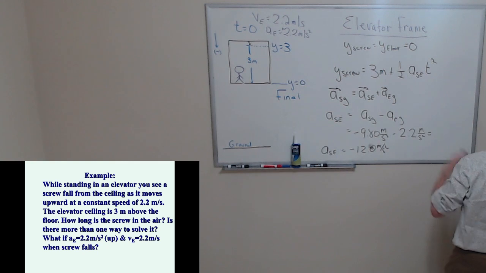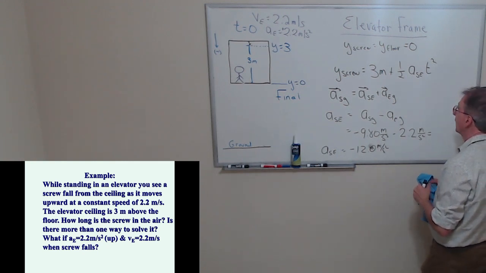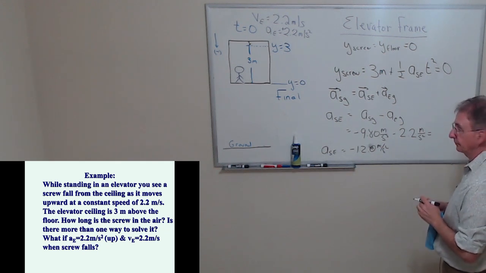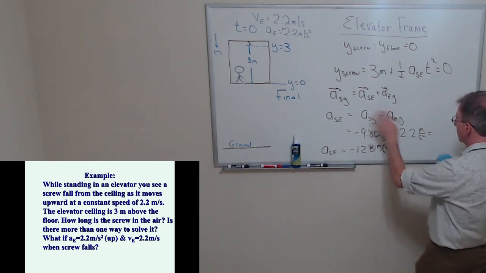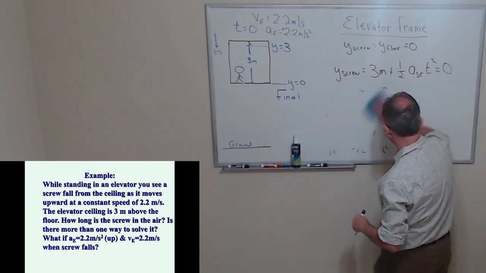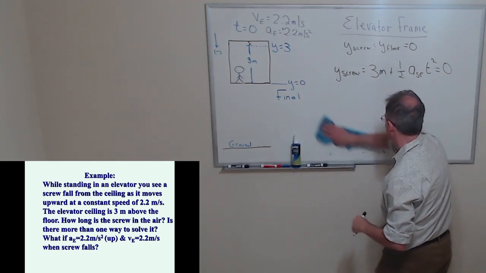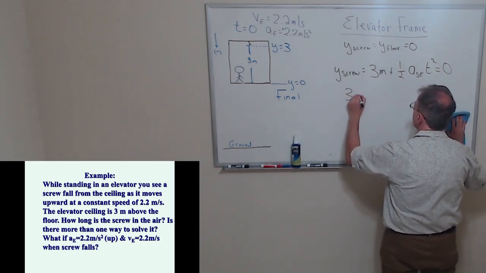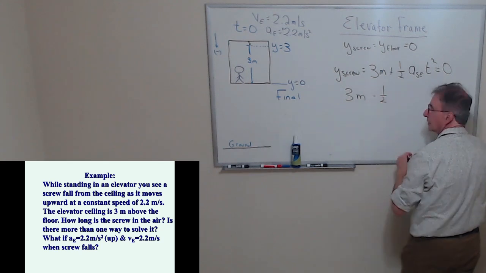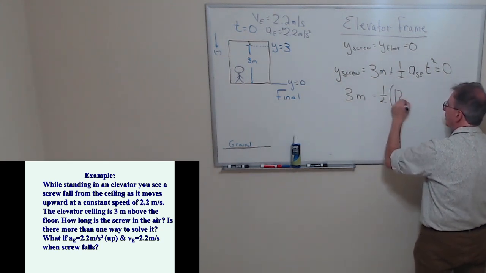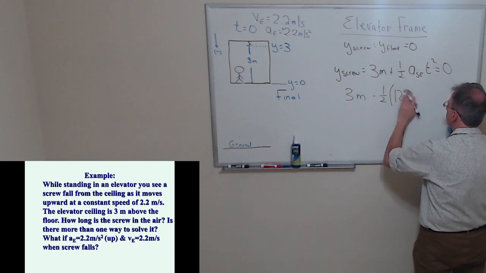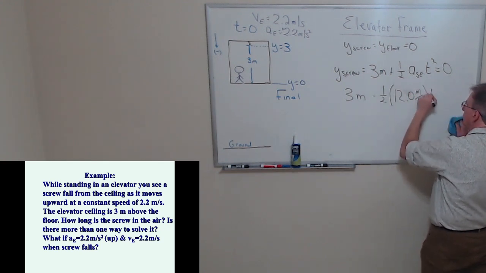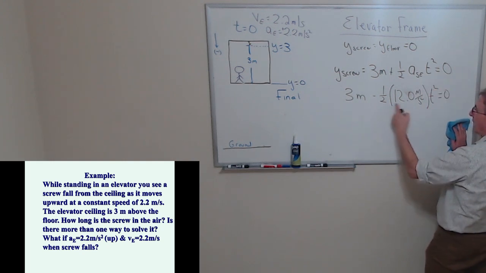Okay, so let's put that in, and we're going to set this equal to 0. So let's put the minus 12 in. I'll erase the board, I don't have a lot of space. So I'm going to have 3 meters minus 1/2 times 12.0 meters per second squared, t squared equals 0. 1/2 of 12 is 6.